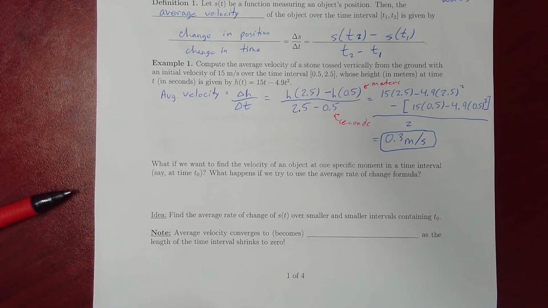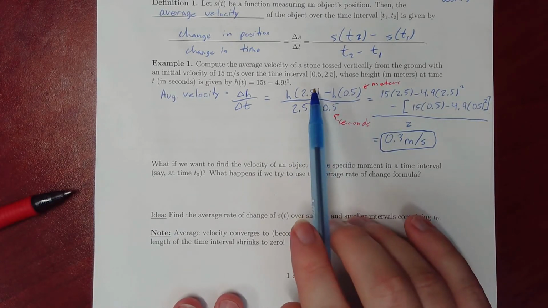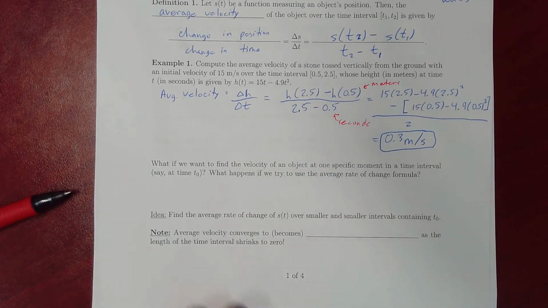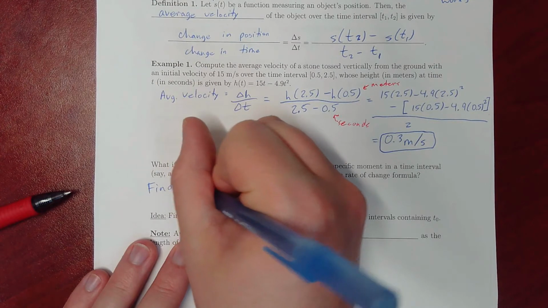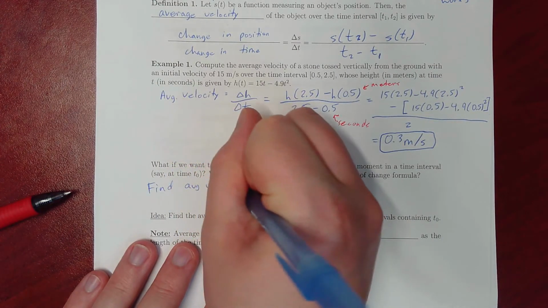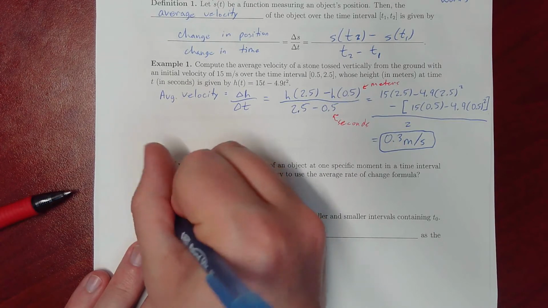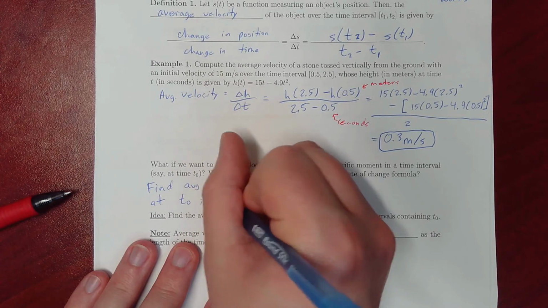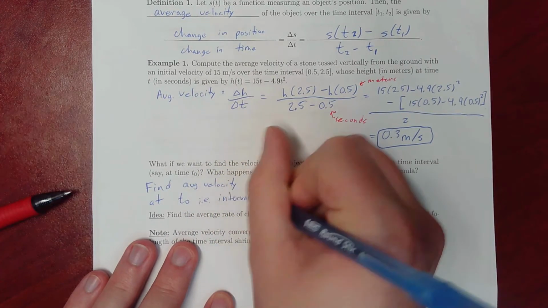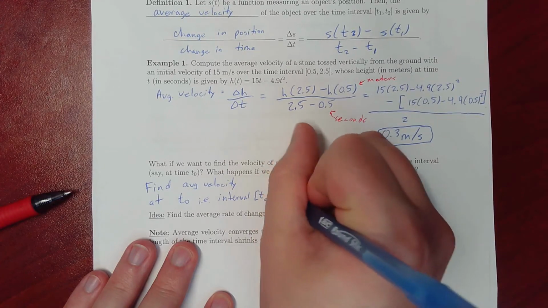Okay, so what if we wanted to find the velocity of an object at one specific moment in a time interval, say sometime t naught, as opposed to over a whole interval? So instead of having two times and wanting to get the average, what if we just wanted to look at one specific point? So I want to find the average velocity at t naught, or in other words, the interval t naught to t naught.